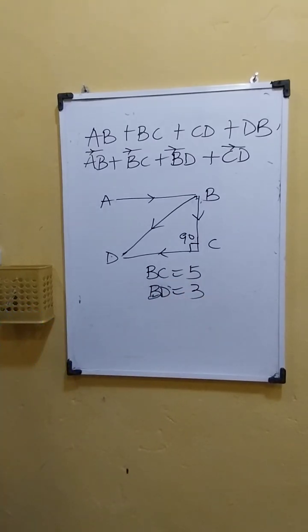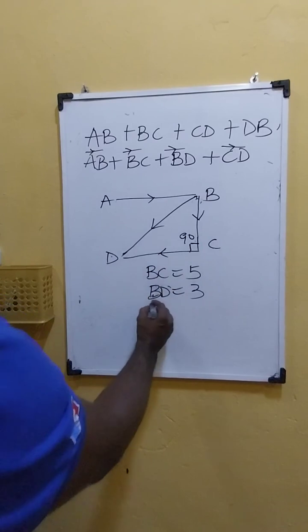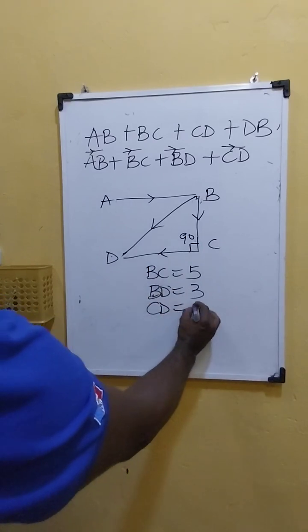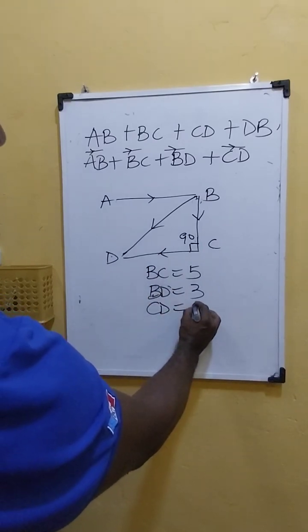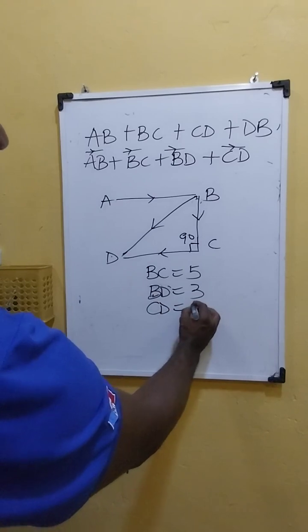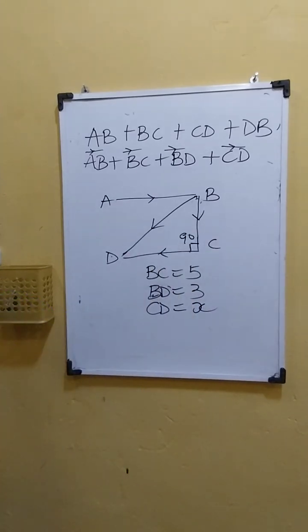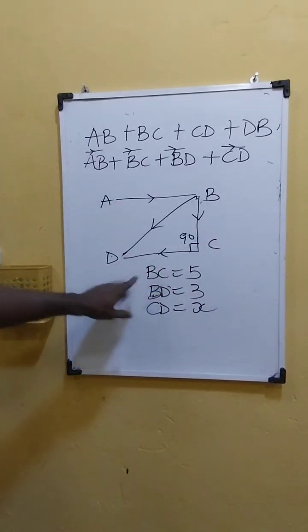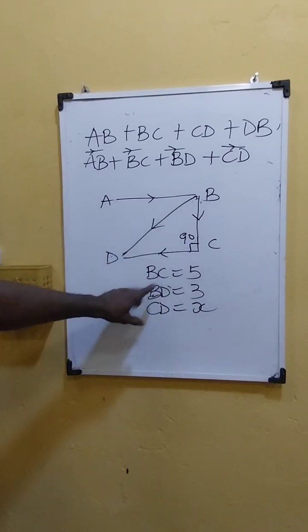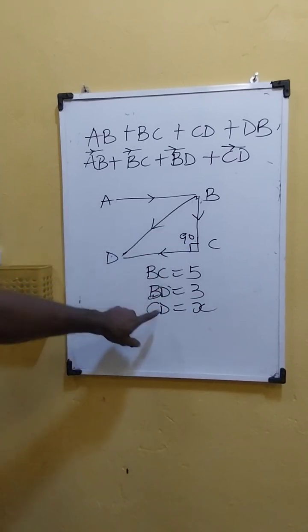And what's the last one? CD is equal to, okay, X. For example, they say find CD. Sometimes when they've drawn the vectors like this, they say find CD.